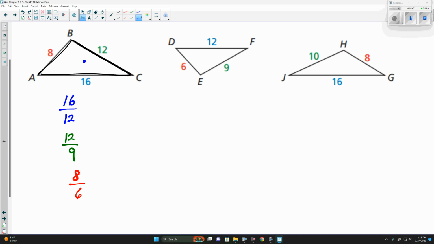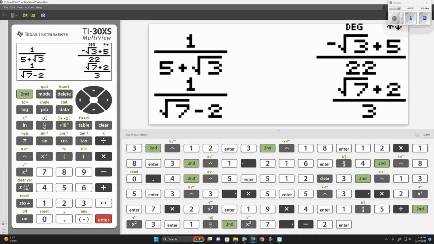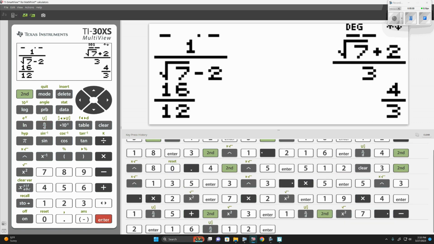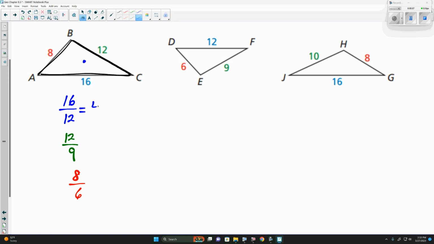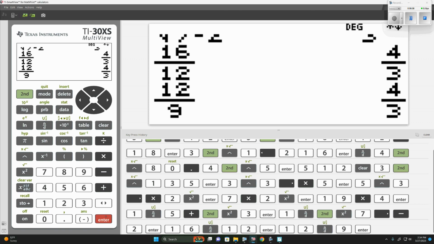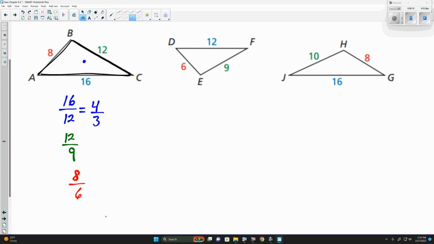Now at this point here, we just need to reduce these, 16 over 12. Well, we could do that in a calculator. 16 over 12 is 4/3, or 1 1/3, either work. Now we can look at 12/9 is, and lastly 8/6 is.